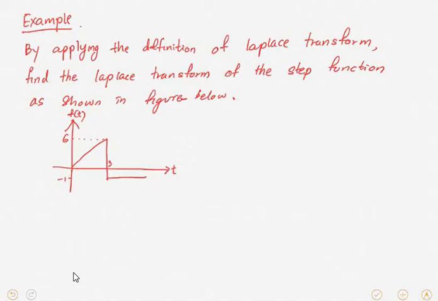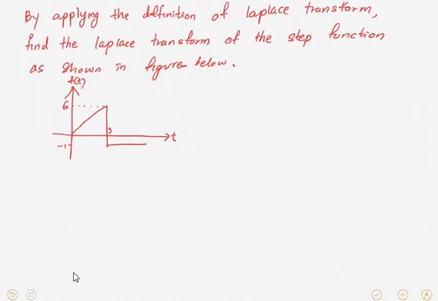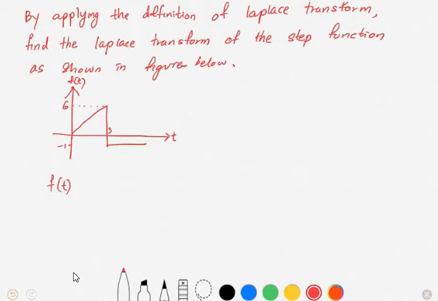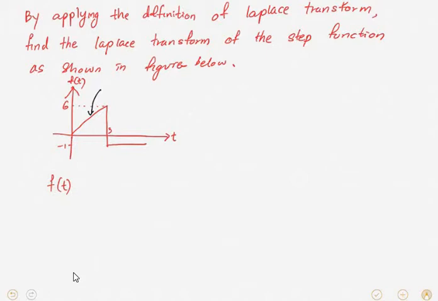Okay, so how do you use the definition of Laplace transform to find this Laplace transform? So first of all, you need to know what f(t) is. Okay, first of all, here is 3 and here is 6. So this line, the gradient is 2. So it's a x-axis t, so it's 2t.